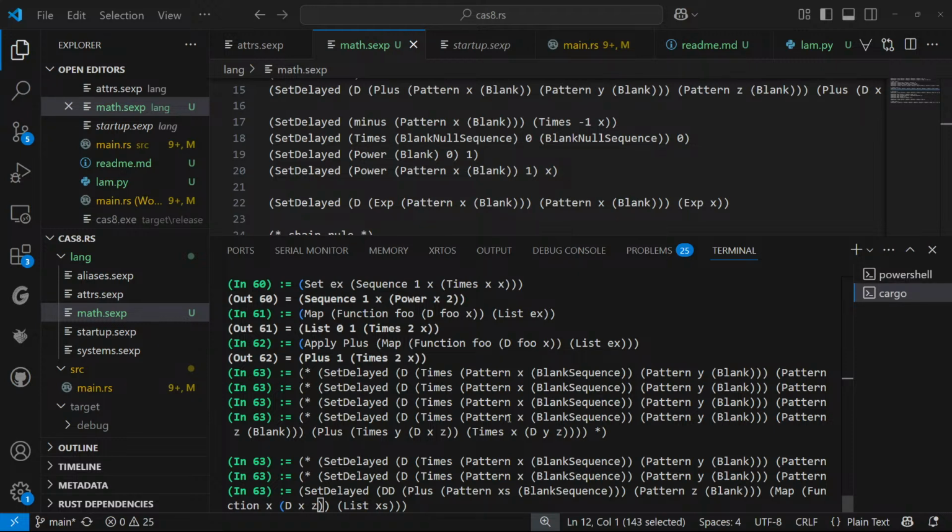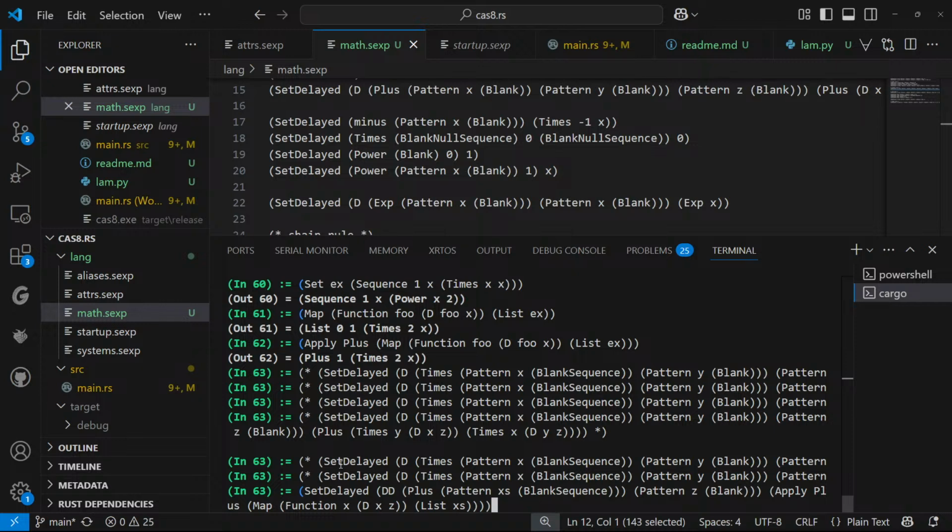I just want to see if we can get any example of this to work. So I think all we need to do is do an apply plus on the map. So I think that is the correct thing.